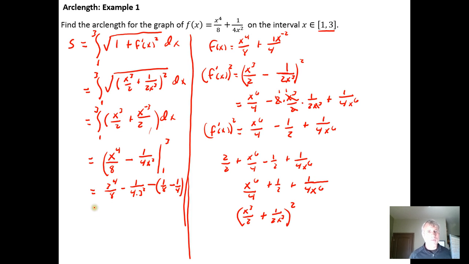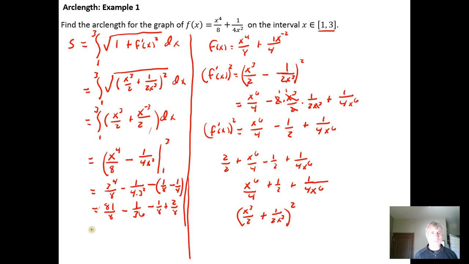And now it's just a matter of simplifying. 3 to the 4th is 81, so we get 81 over 8 minus 3 squared is 9 times 4 is 36. Distribute the minus into the parentheses, we get minus 1/8 plus, might as well get a common denominator on the 1/4, so minus minus plus, and a quarter is the same as 2/8.